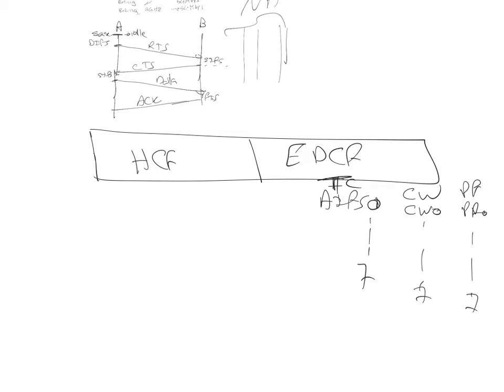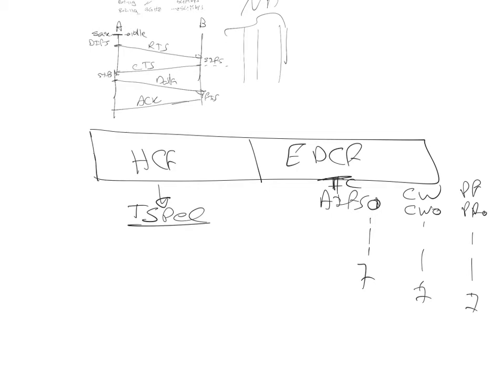Okay? In terms of traffic classes, which means that EDCF can provide qualitative per-class quality of service. Right? HCF defines what we call a traffic stream or traffic spec, and this can be defined per flow.